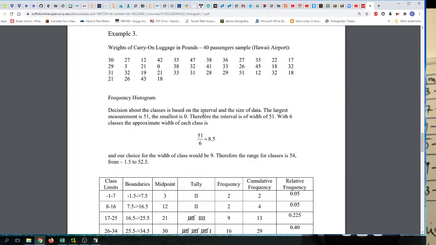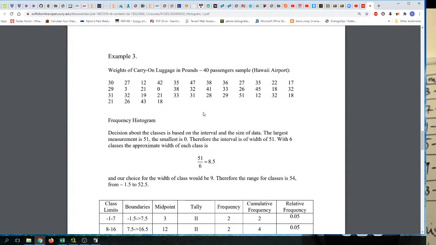Here's another example. I'm just going to go briefly through it, and you're going to read it. Carry-on luggage in pounds with a 40-passenger sample in the Hawaiian airport. I didn't tell you which one. I guess the international airport in Honolulu. The first guy is carrying on, and this is something you drag into the cabin.